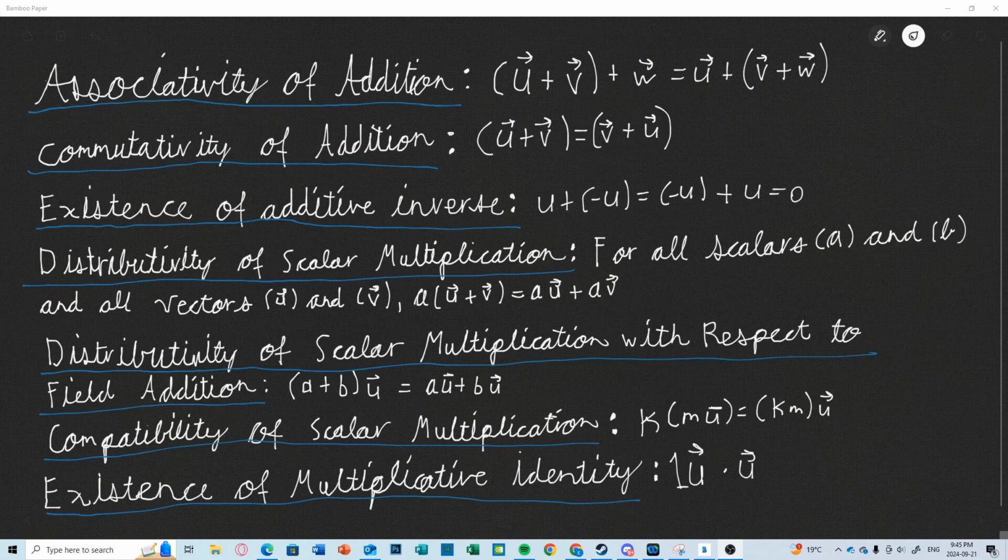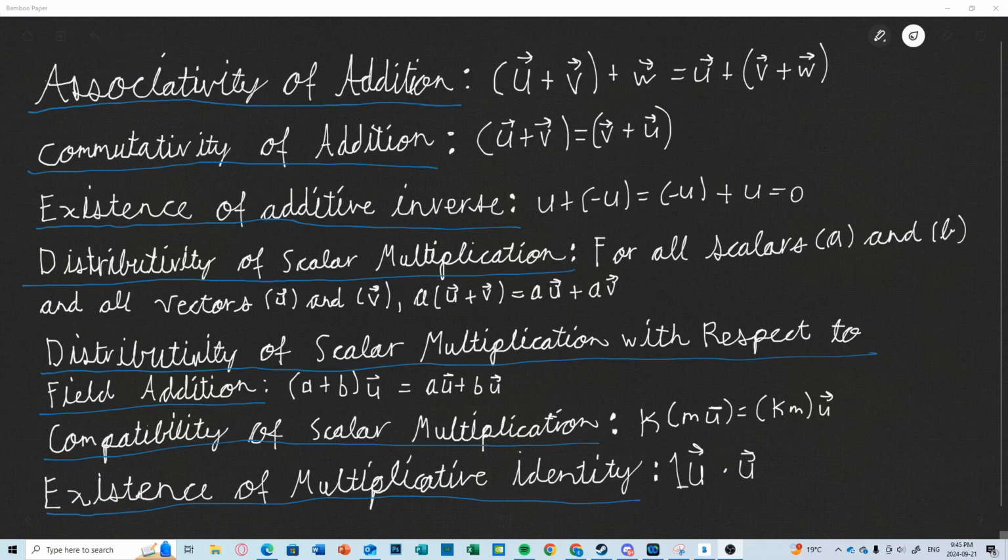So our next one is the associativity of addition, which means that if you have a vector u plus a vector v plus another vector w, in order for this axiom to be true, it has to be the same in the vector space as if the vector u plus, in brackets, vector v plus the vector w, just meaning whatever way you add all your vectors together, the order shouldn't matter.